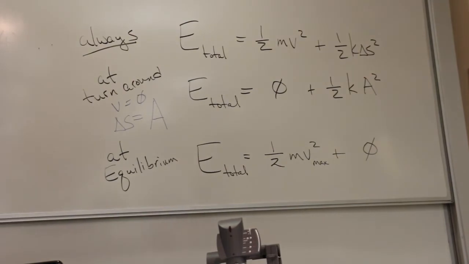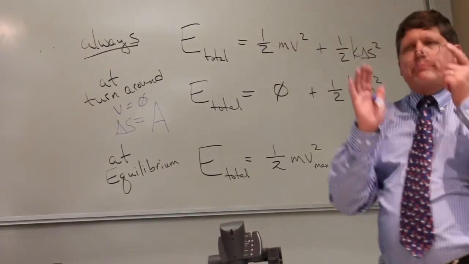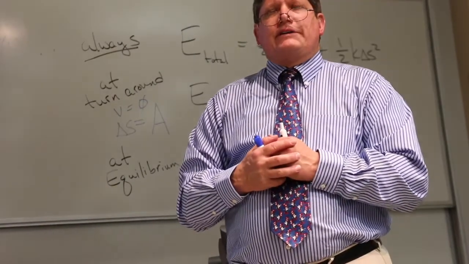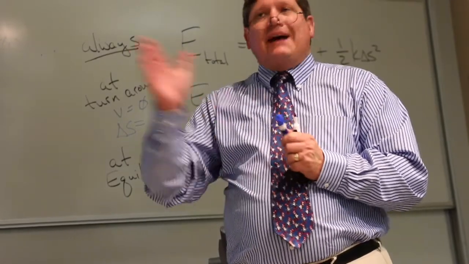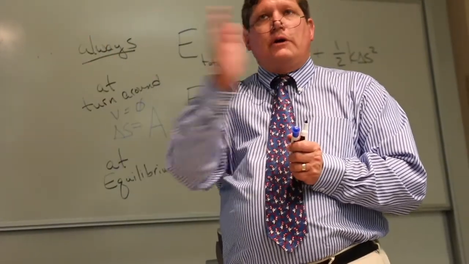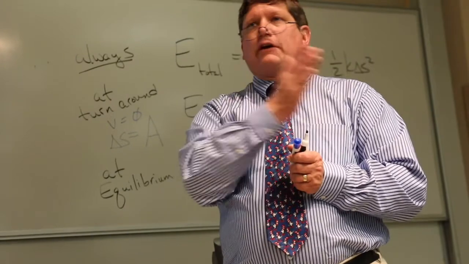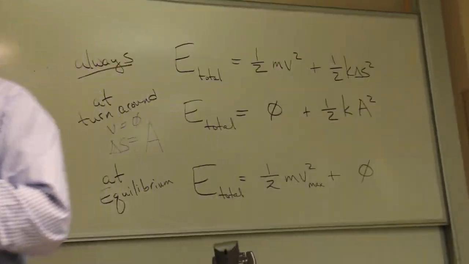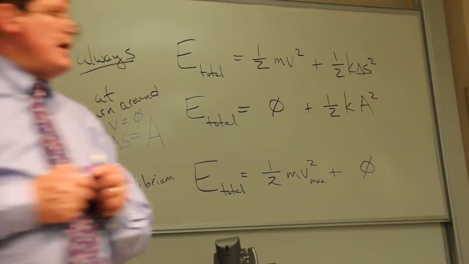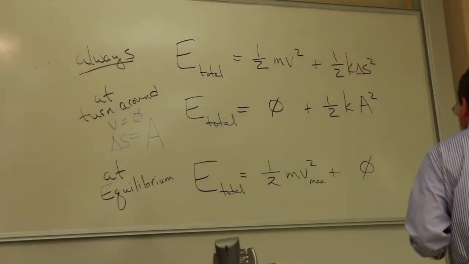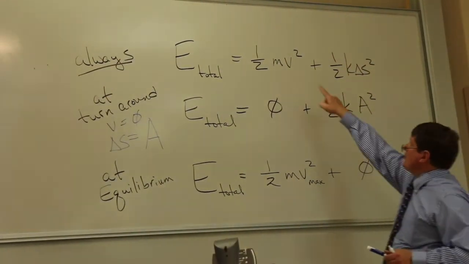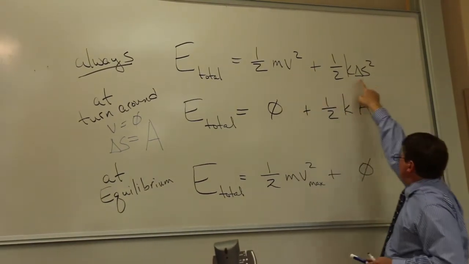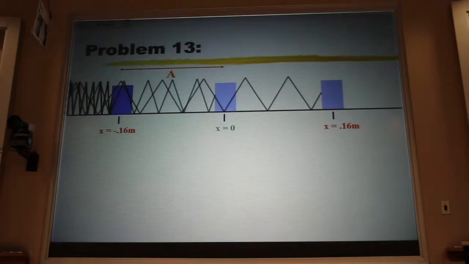A is just a special value, the biggest value that delta S ever gets. Delta S is the variable that we're watching change as this thing goes back and forth. Delta S is how far you are away from equilibrium at any instant in time. And so we get this formula here because the v goes to 0 and the delta S goes to A.